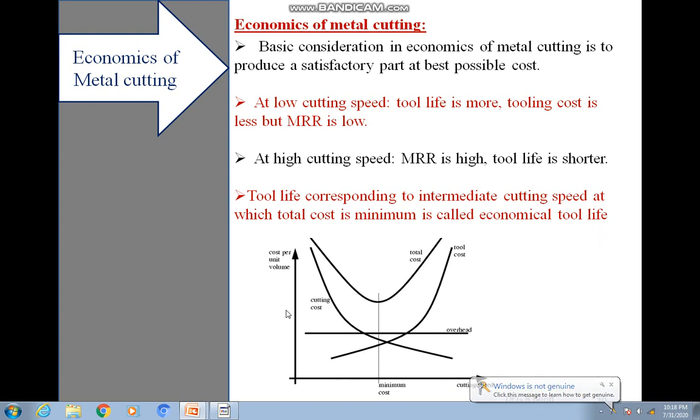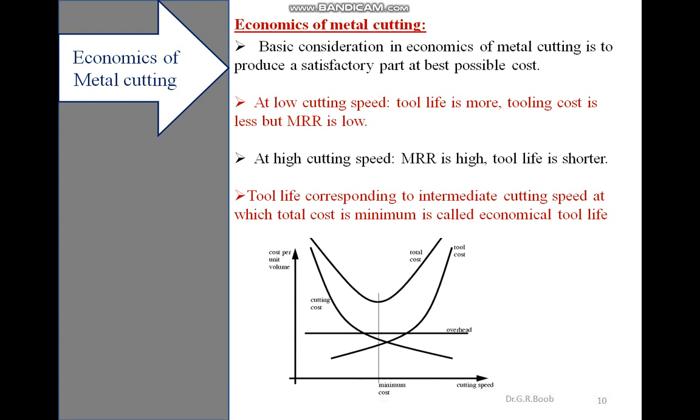Suppose you see here it is cost per unit volume of material removed, and on the horizontal axis there is cutting speed. So this is tooling cost and this is cutting cost. Tooling cost means, suppose we replace the tool or recondition the tool, the cost included in this is called tooling cost. And this is cutting cost, meaning the power required for removing the metal.